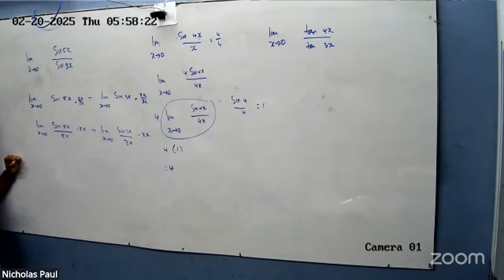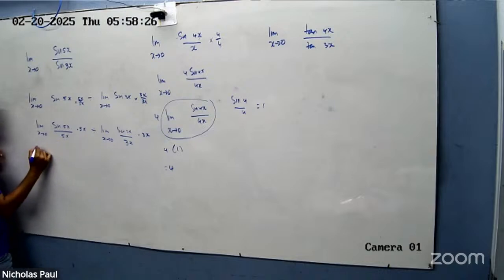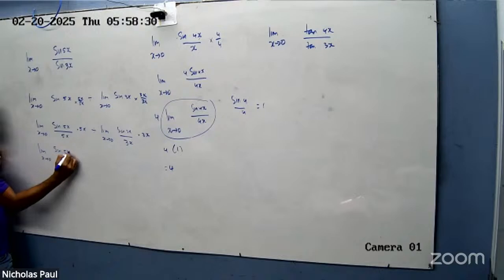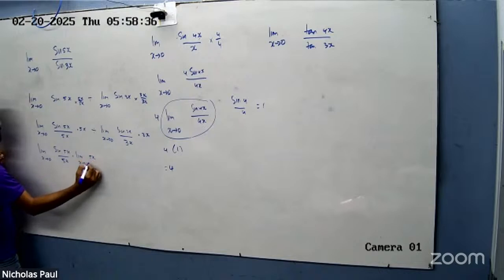That's okay? And this is multiplied. So can I write it like this? The limit as x approaches 0 of sine 5x on 5x by the limit as x approaches 0 of 5x.